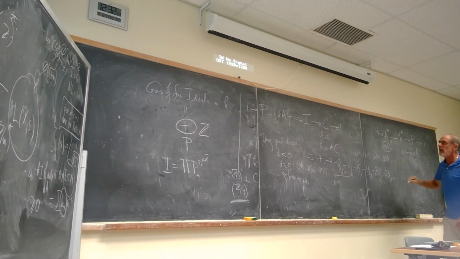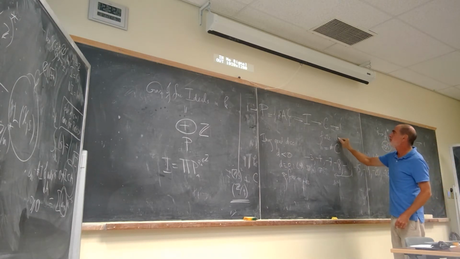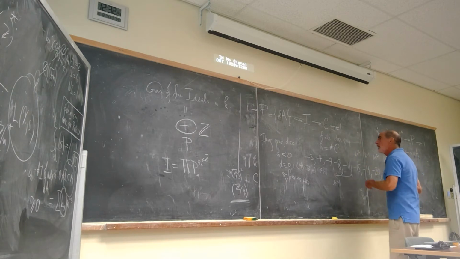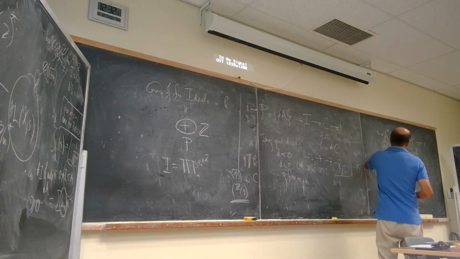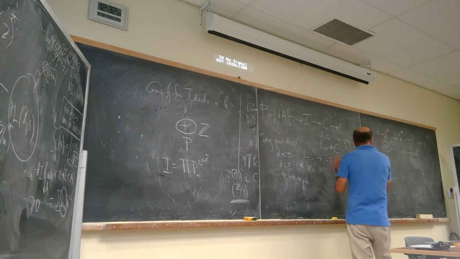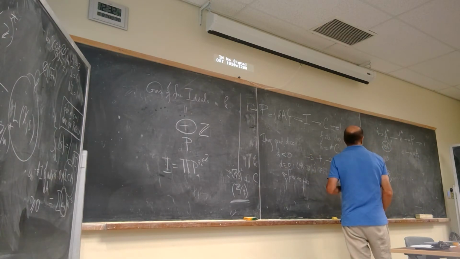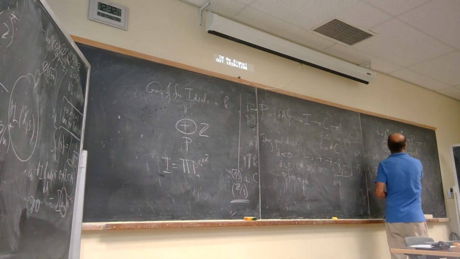So the units and the class group are the two cool invariants of a number field, and the class group is known to be finite. The units are not always finite, although they are in this case. In this case, they're finite, but the units are known to be finitely generated.